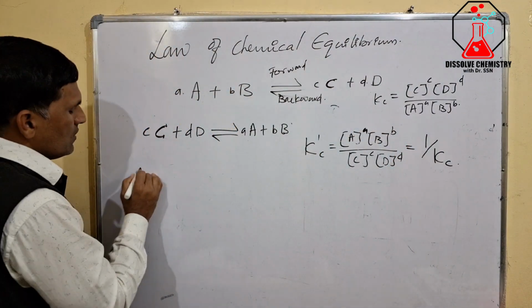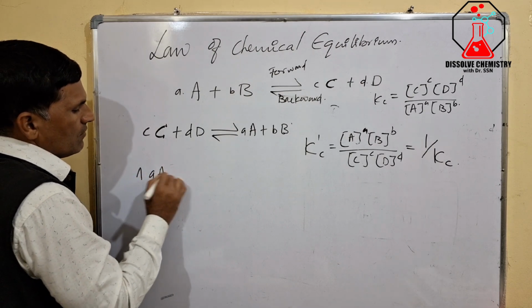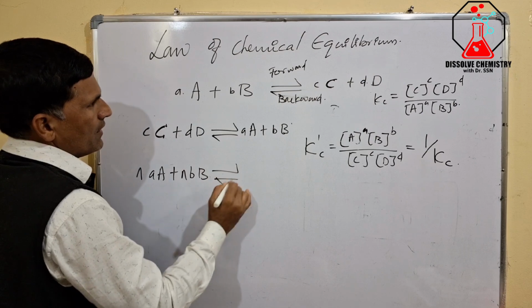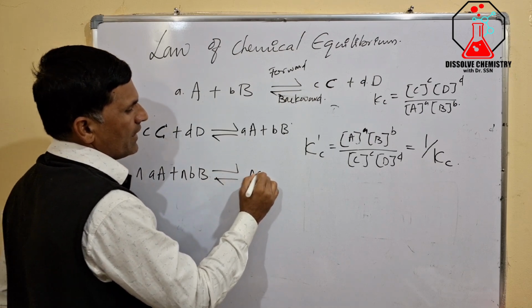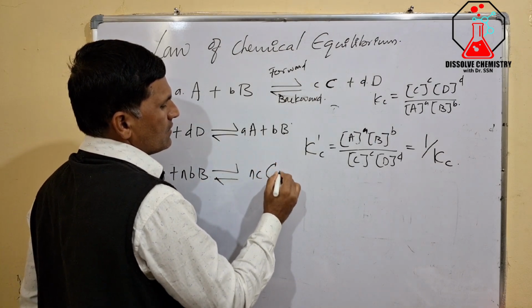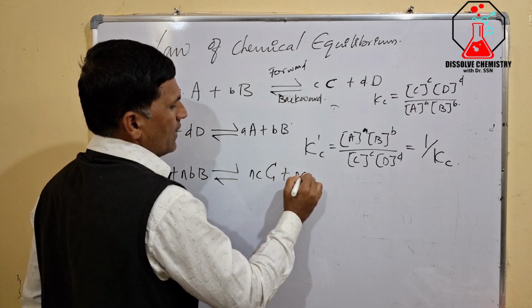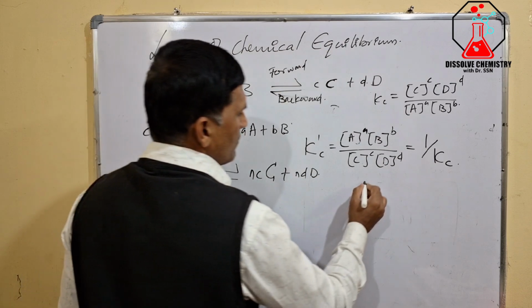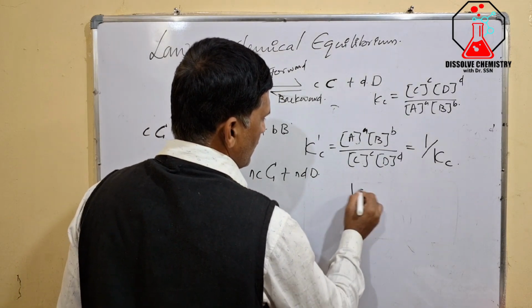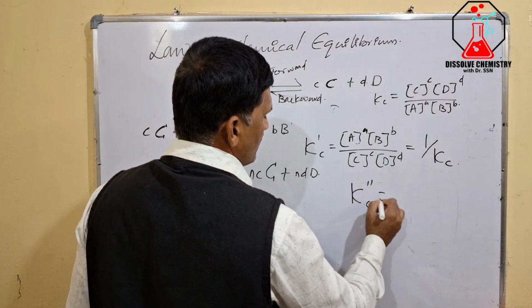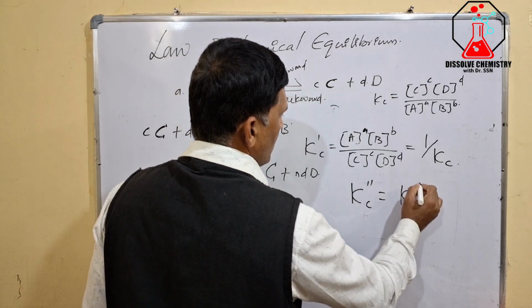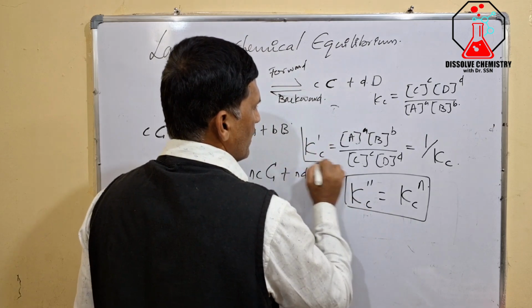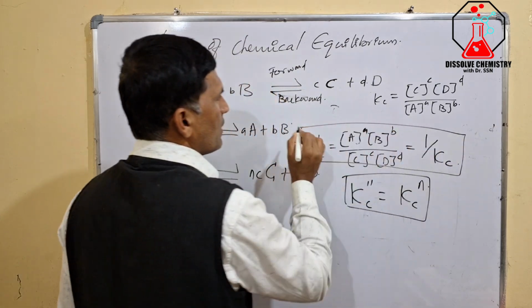Now suppose na moles of A plus nb moles of B react to give nc moles of C and nd moles of D. So then my equilibrium constant will be given as K double dash C is equal to Kc raised to the power n. Okay. So these are the three important relations one should remember.